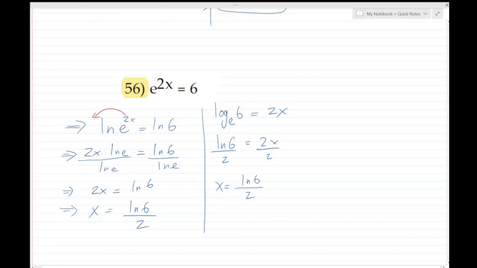So if we plug that into the calculator, ln of 6 all divided by 2, we'll get the following: 0.90, if we round to 2 decimal places. Okay.